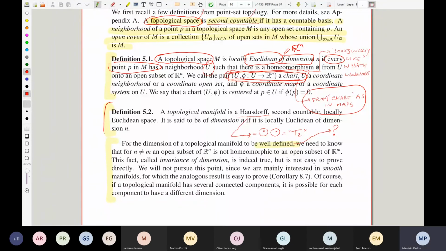Now, the rest of this part of the definition is just saying that this topological manifold, in order to be a manifold, should be not only locally Euclidean, but also should not be a horrible topological space. Topological spaces can be really ugly, trust me.